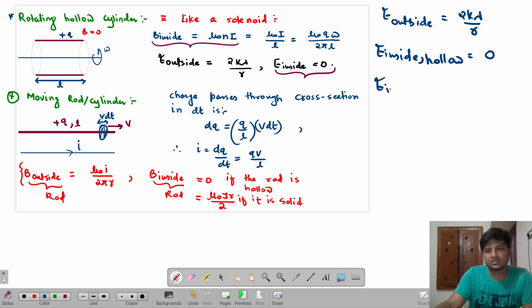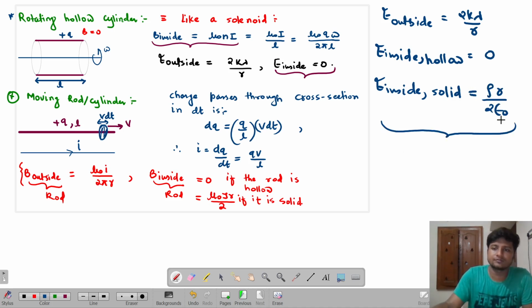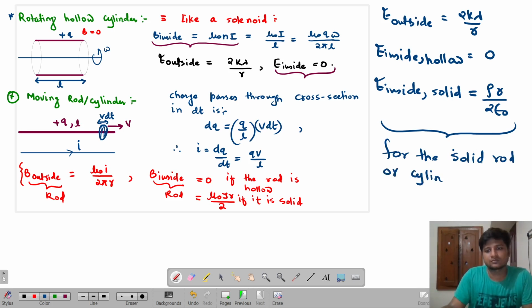But E inside for the solid case is not 0. It is equal to rho r by 2 epsilon naught, isn't it? For solid. Are you able to get me or not? Is it clear totally?